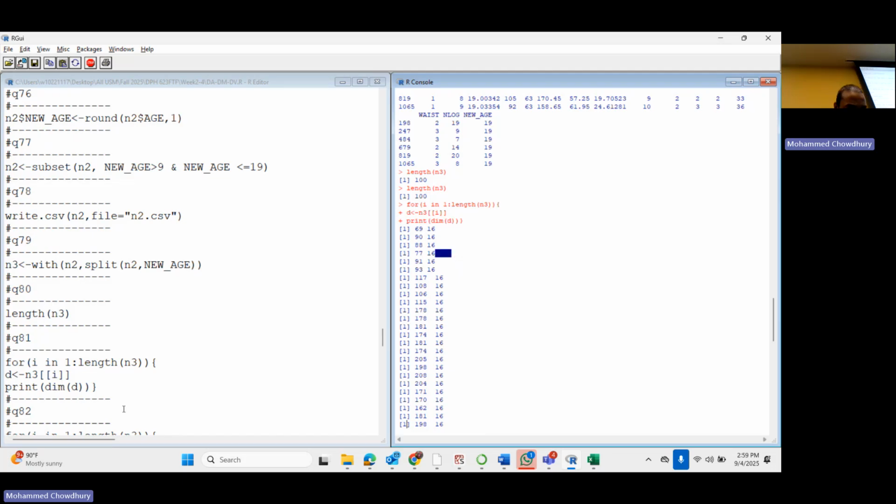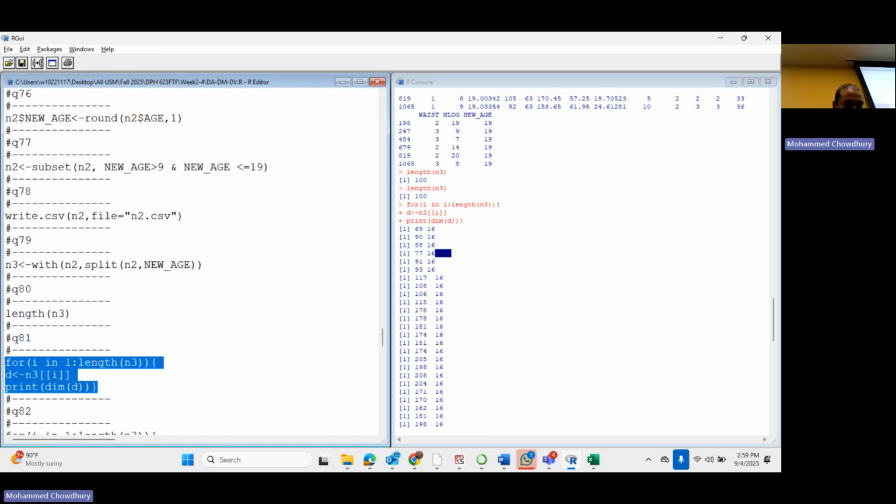So this line of code is just running a for loop, one for loop, to check the dimension of each data in the N3 list. N3 is a list which holds 100 data. And I want to see each of the 100 data's dimension, how many rows and how many columns. That could be done by using this. Understand?